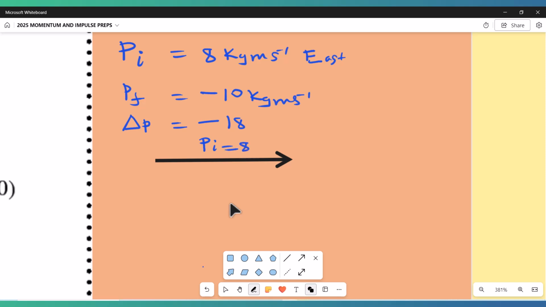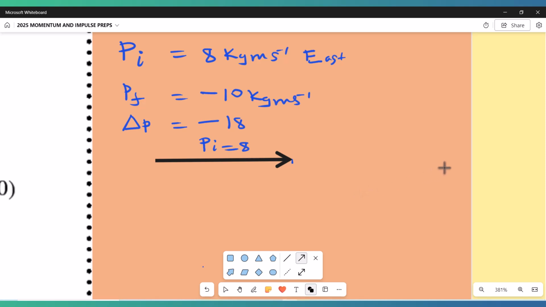Now here we have got two alternatives. I can start from the head of the first vector, which is the P initial. Then I draw the other vector now. Now the other vector which I have here is what? It is P final, which is negative 10. Now being negative, it must be facing to the west. So I draw it like this.